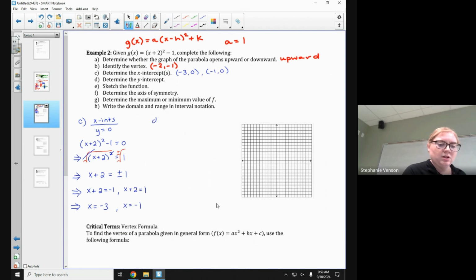Okay. D is the y-intercept, which is where we let x equal 0. So y equals (0 plus 2) squared minus 1. 0 plus 2 is 2, and 2 squared is 4. 4 minus 1 is 3.